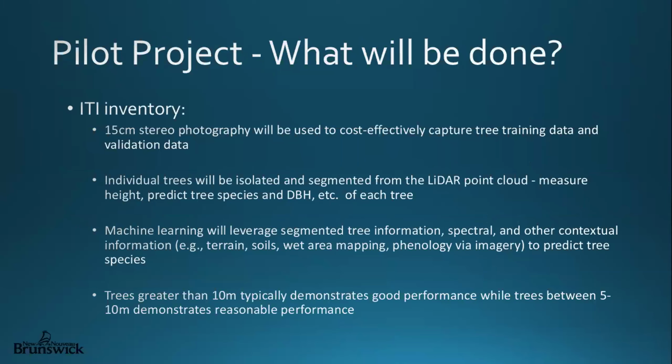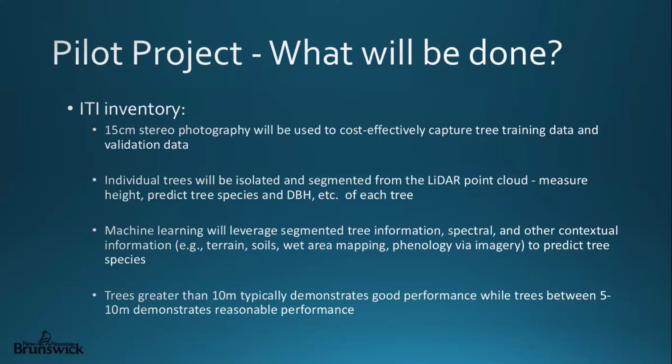The 15 centimeter stereo photography that was acquired is going to be used for tree training data and validation. With the acquisition of the 20 points per square meter LiDAR point cloud, individual trees will be isolated and segmented from the cloud, and the traditional tree dimensions will be measured, and based off of that segmented tree, a predicted tree species will be carried out.